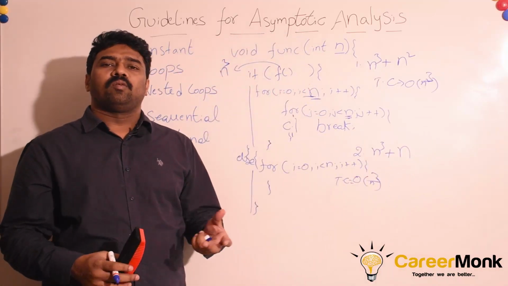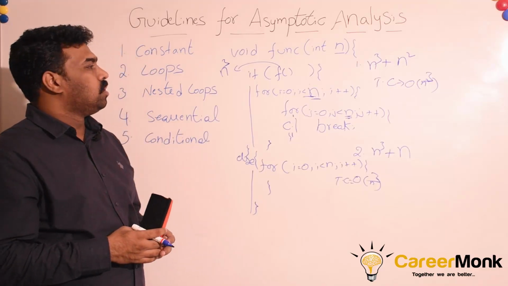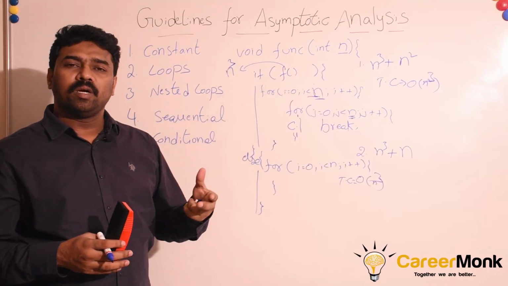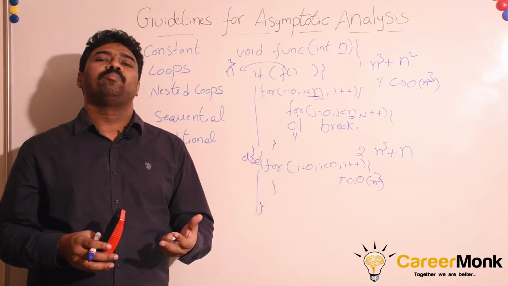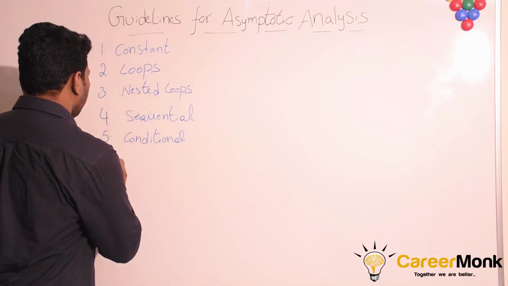So in this case, we can say the best case complexity and worst case complexity are the same. The only thing that we need to observe carefully is how much time the condition is taking, and that we have to take into consideration for both if part as well as else part. Let us see the next guideline, logarithmic.